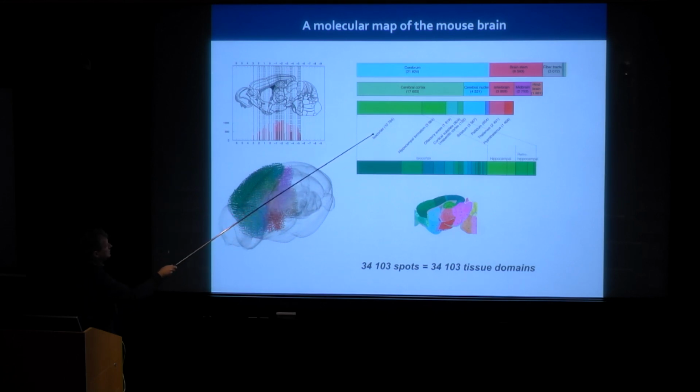So the isocortex here has about 10,000 measurements and so forth. And we are able to get gene expression data from all of these regions that Allen has defined. So all in all, we are looking transcriptome wide at 34,000 different positions within the brain.